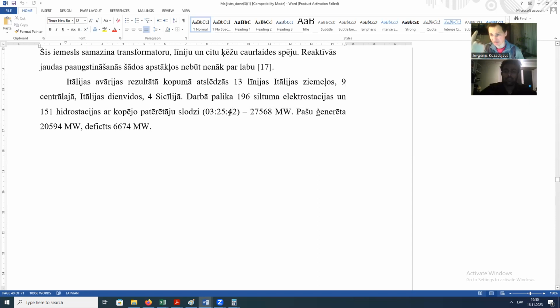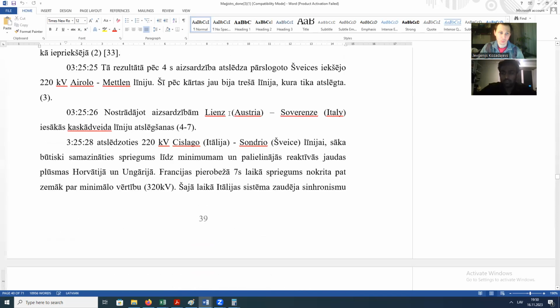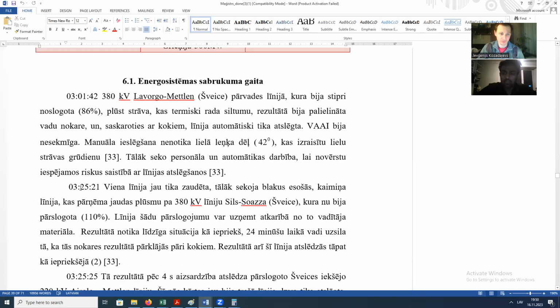So the whole process started with only one line, and after we lost this one transmission line, we had almost 25 minutes to do something, but nothing was done, and all this time the other lines were overloaded.